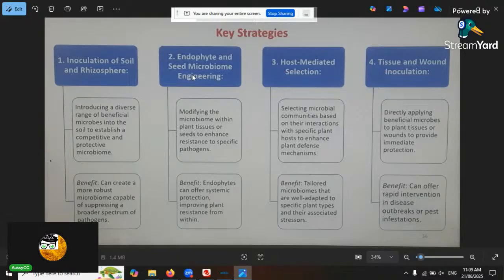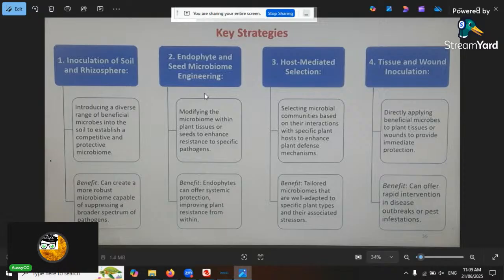This one, endophyte seed microbiome. I should just read this instead of trying to explain what they're doing. I don't like doing it that way. Modifying the microbiome with plant tissue or seeds to enhance resistance to specific pathogens. So what that means is you'll get your right microbe, which is an endophyte, which lives inside of the cells, and that will transfer into the reproductive parts, and then for the seeds, the progeny that is produced should have those endophytes in there as well.